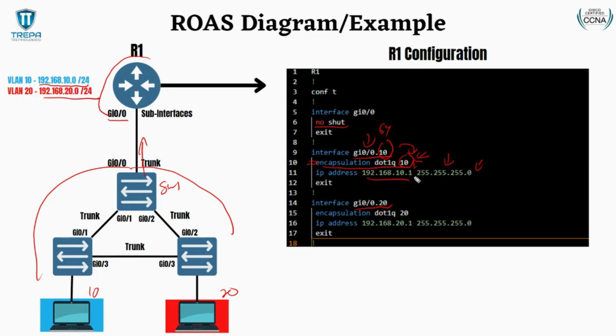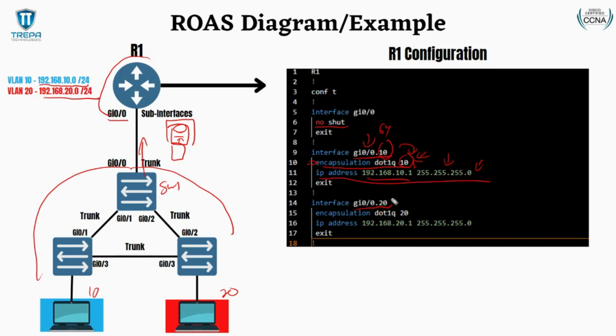So meaning when we get a frame coming across here and it has an 802.1q tag inside the header with a VLAN tag of 10, that means sub-interface gig0/0.10 is going to be the sub-interface routing for that traffic.